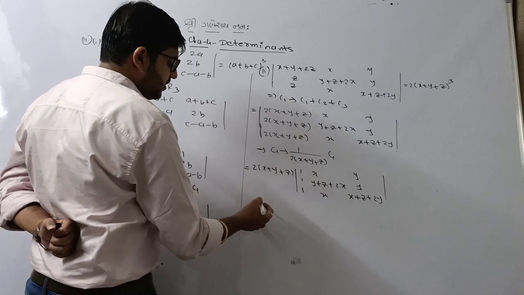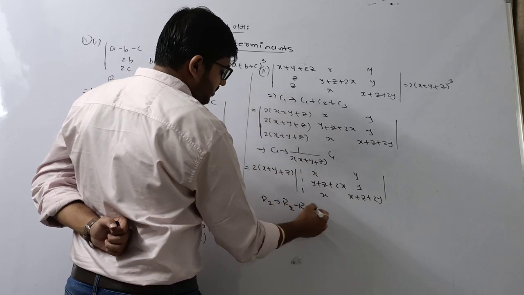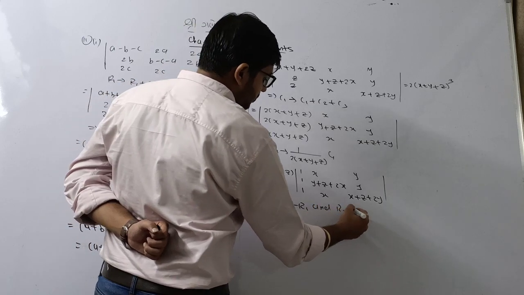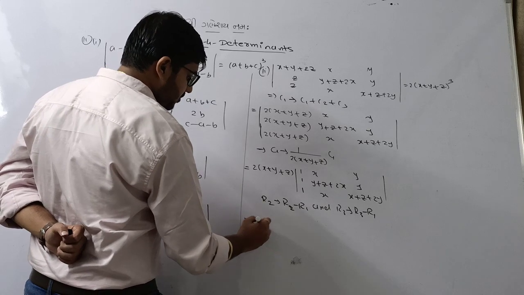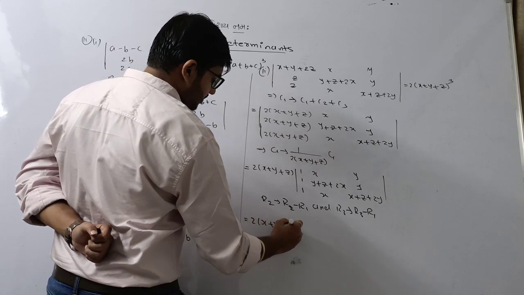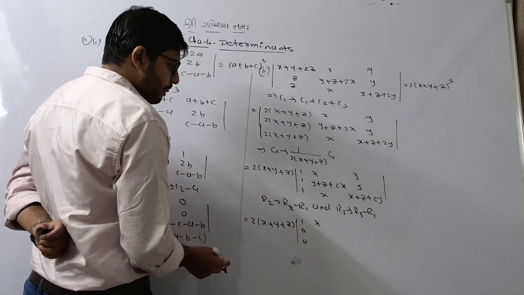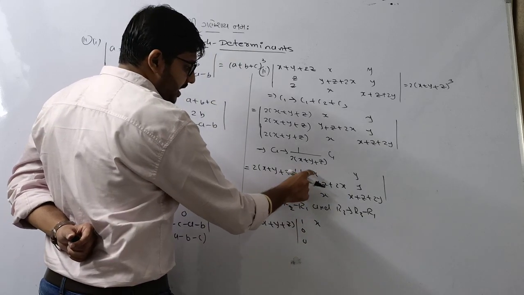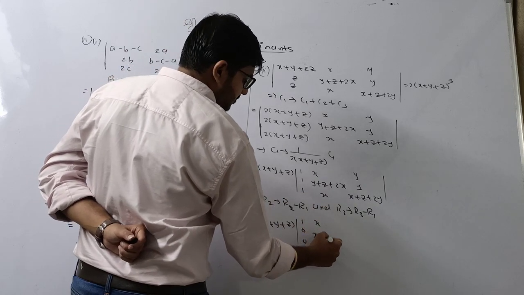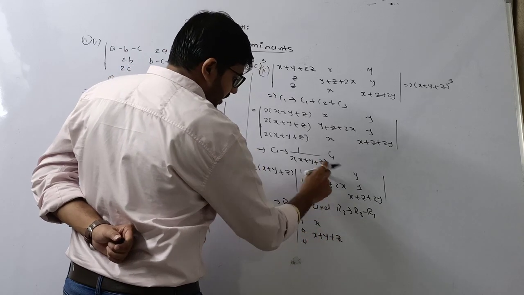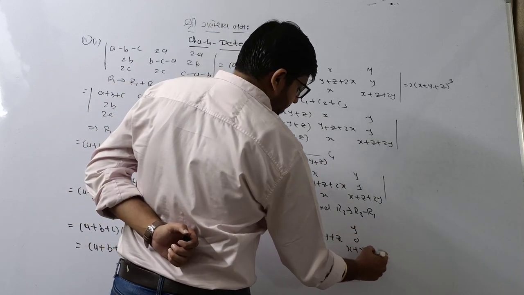Now to get the zeros, R2 to R2 minus R1 and R3 to R3 minus R1. So it is 2 times x plus y plus z with 1, 0, 0 and x. As we multiplied the first row by minus and added to the second, y plus z plus 2x minus x, that is x plus y plus z, x minus x is 0, y, 0, x plus y plus z.